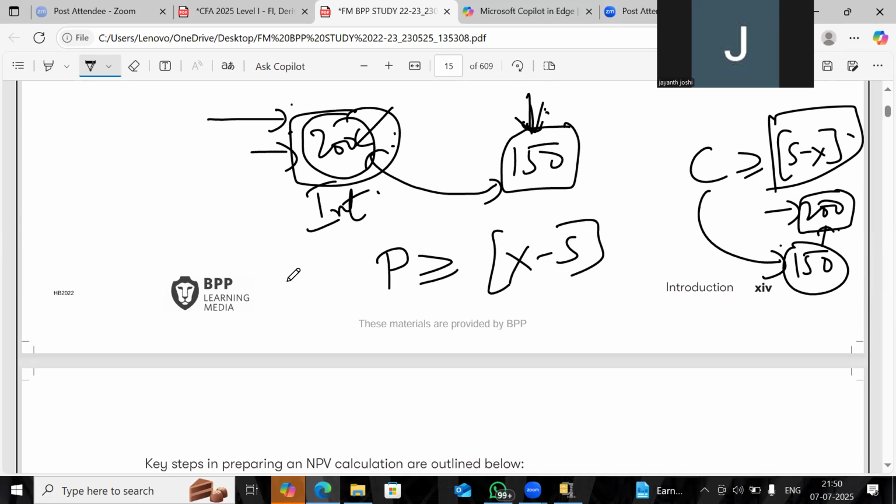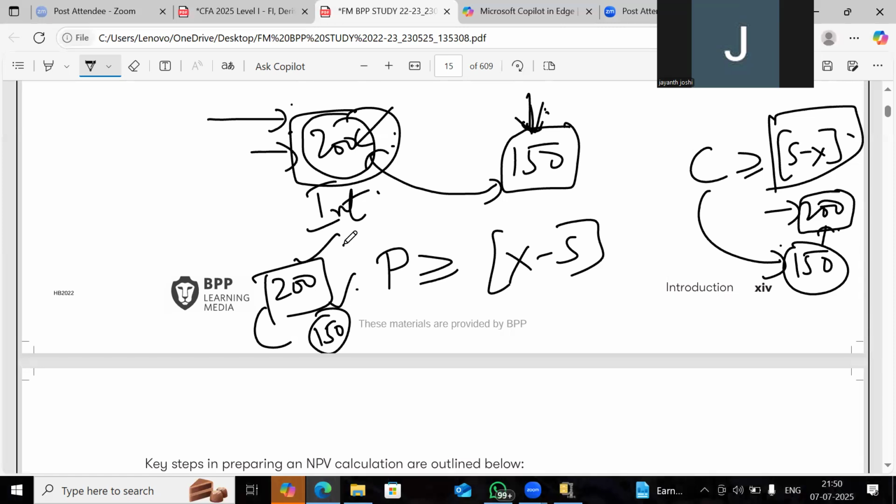Let's say the put option has created a value of 200 for you. Do you think the seller is going to take 150 from you for a value that has already been created? Please tell me yes or no. I'm asking a simple question. No, something worth 200 will be sold at 200 only, not at 150. That's a very clear point.